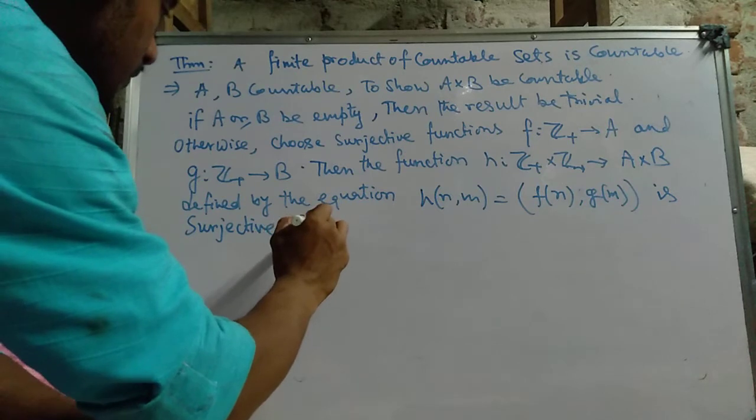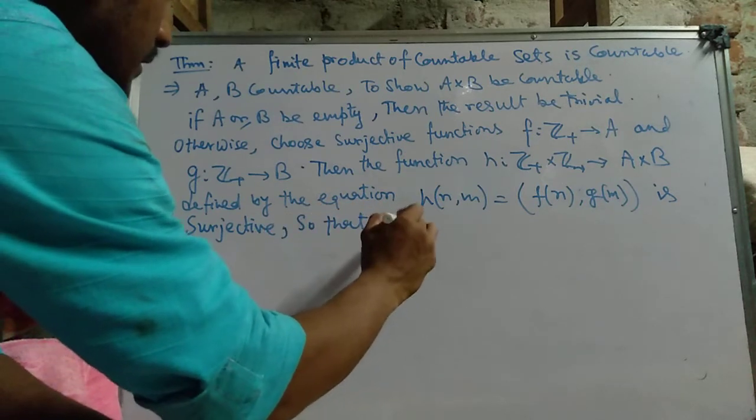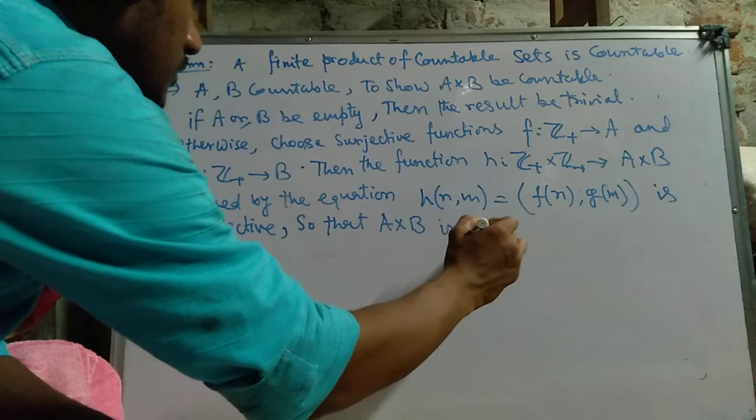So that A Cartesian product B is countable.